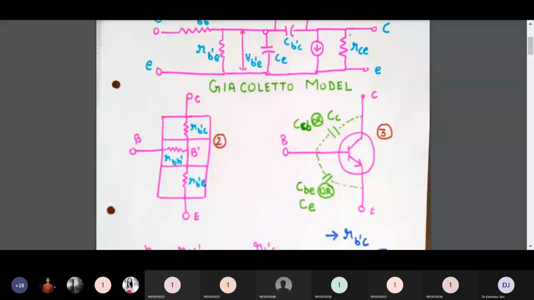Is RB dash C visible to all of you? Yes sir. RB dash C is basically due to the effective change in the base width because of IE. So it is known as the feedback effect between output and input. Input was B dash, output was C. So between B dash and C, it is known as RB dash C. Is it sound and clear to all of you?